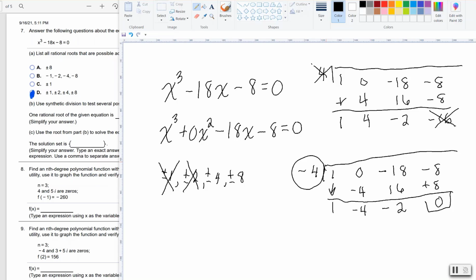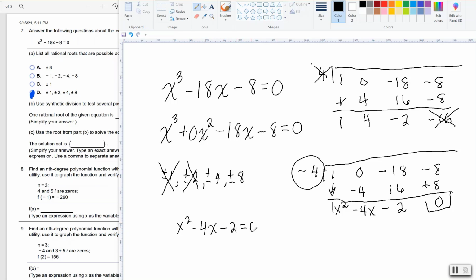Now I have an option. I can test 8 and negative 8 to see if either of those will work, or I could take a look at my reduced exponent polynomial. Since we started with the cube, this is now x squared minus 4x minus 2.